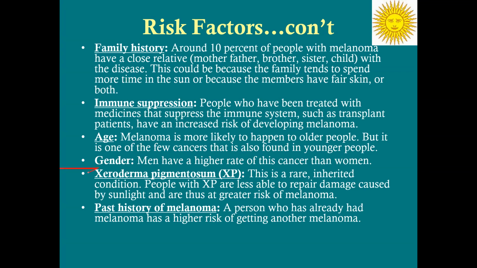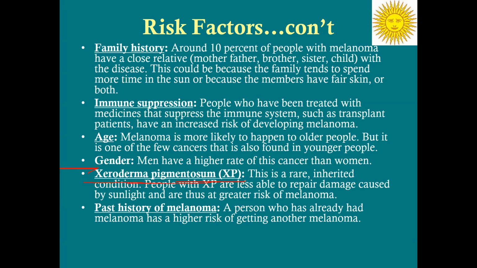Now this here, xeroderma pigmentosum. This is one of the rarest skin conditions in the world. Okay? Hear how this sounds. In XP, people cannot repair UV damage to their skin.